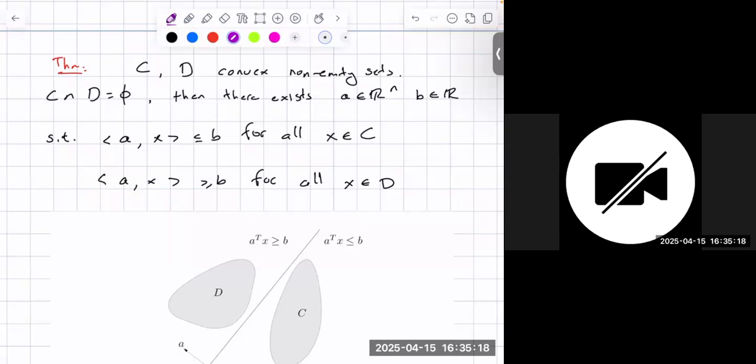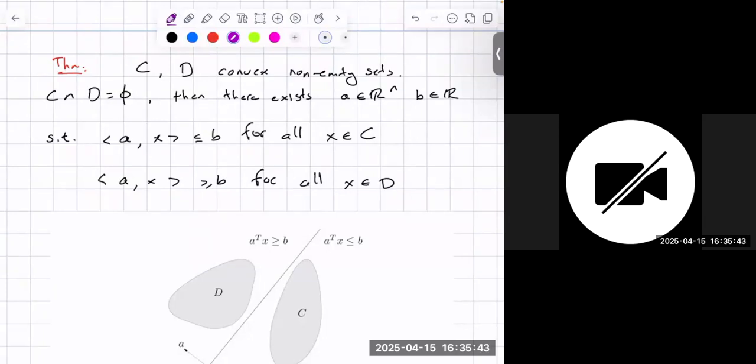And how do we write this algebraically? Okay, geometrically, I see it. It's like a line or a plane or a hyperplane. Algebraically, we write it as follows. A vector A dot product X equal to B will be literally on that separating line or hyperplane. Bigger than that will be one side, less than that will be the other side, okay?